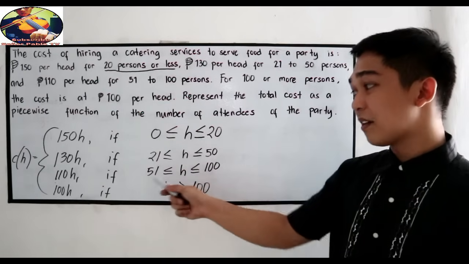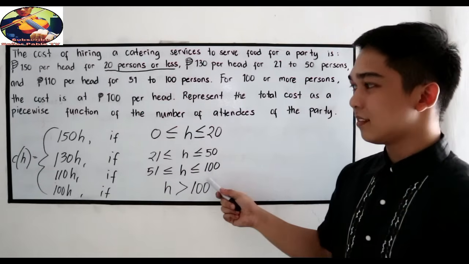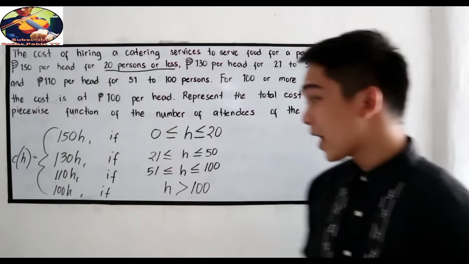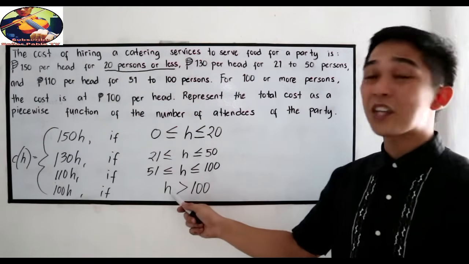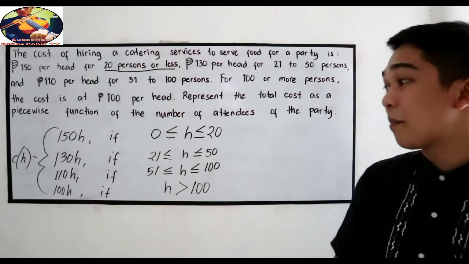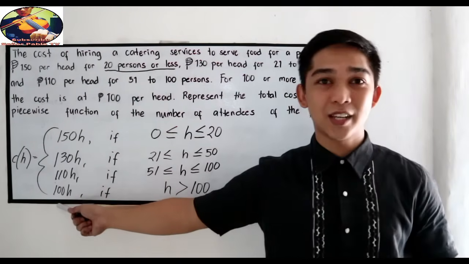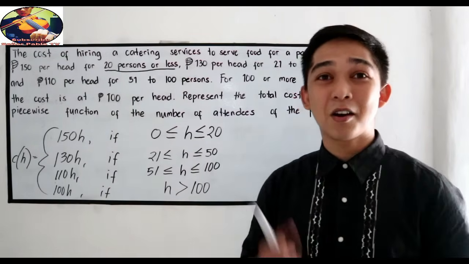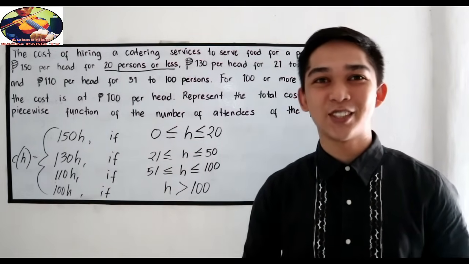Kapag ang attendees ay 51 to 100, ang babayaran ng bawat tao ay 110. Pero kapag greater than 100, ang babayaran na lang ay 100 per head. Ayun. So, ganyan ang mag-represent ng ating piecewise function.